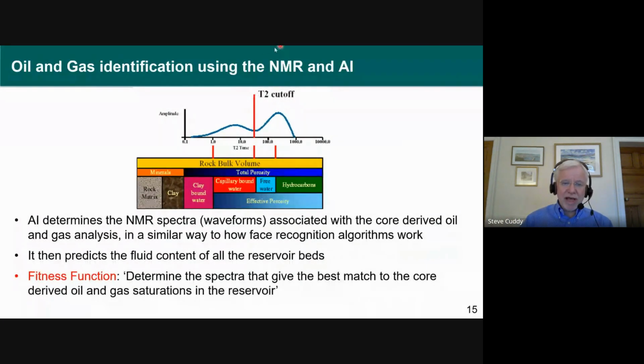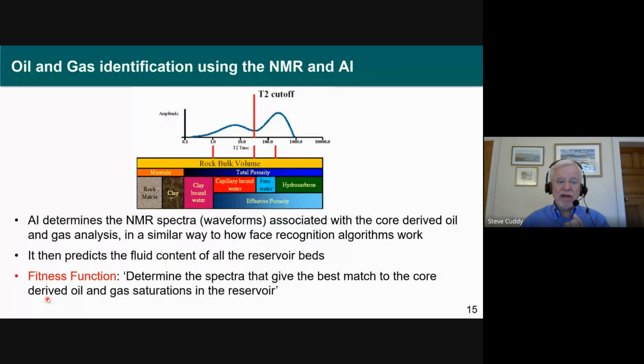So we're going to use this NMR spectrum to associate the core-derived oil saturations and the gas saturations in a similar way to face recognition algorithms. Then this relationship is going to be used to predict the fluids in each of the reservoir beds for the client, to tell the difference between the oil and the gas zones.